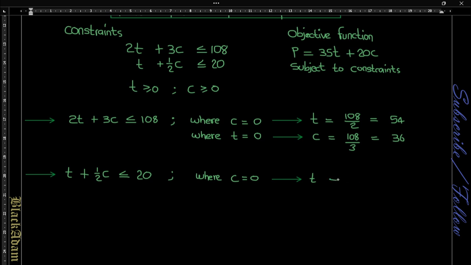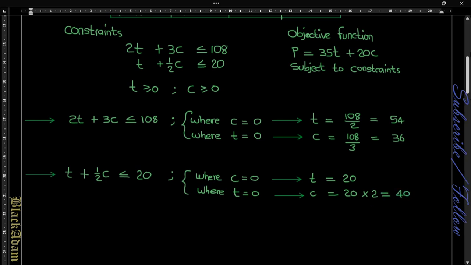And where t is 0, we have c equal to 20 times 2, giving us 40. Okay, so those are the coordinates.